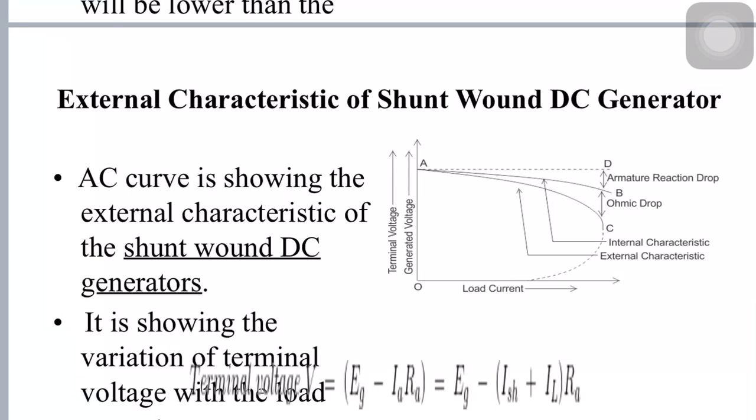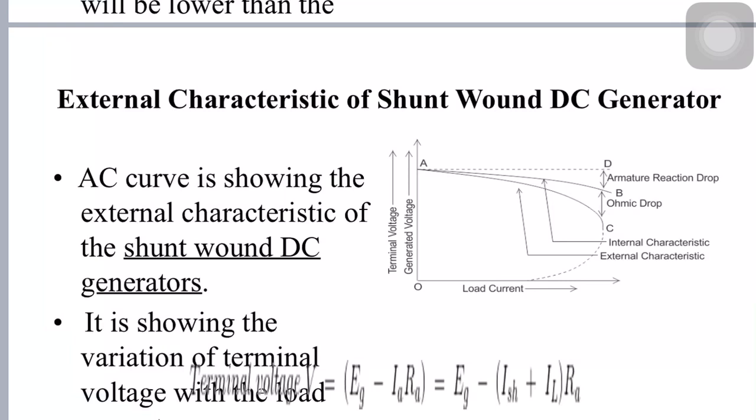The load resistance of the machine must be maintained properly. The point in which the machine gives maximum current output is called the breakdown point.